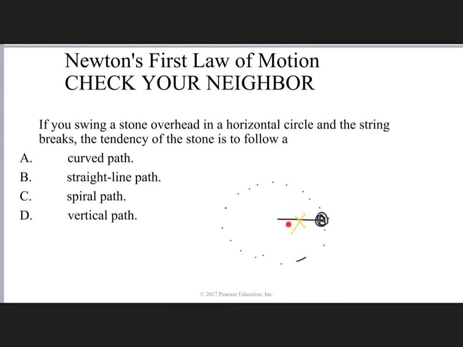Once that string is cut, there's no more force keeping this guy moving in a circle. And so remember, things will either stay where they are or they will move in a straight line. They will not change their direction unless you apply a force. And so once the force goes away, the motion of the stone will be in a straight line. And so that is the answer to our question: it is going to go in a straight line path.